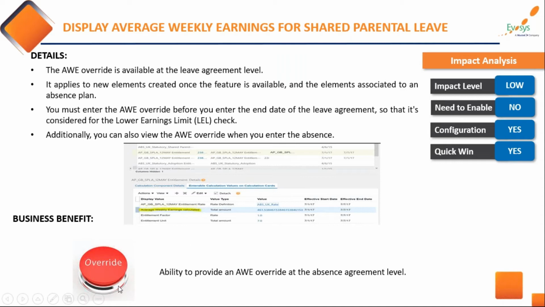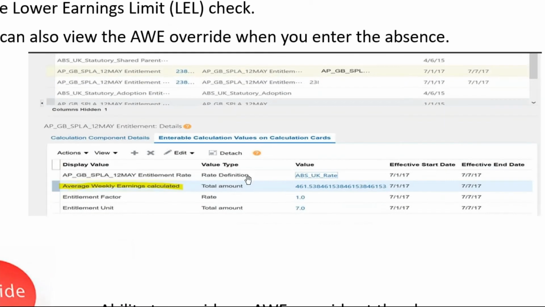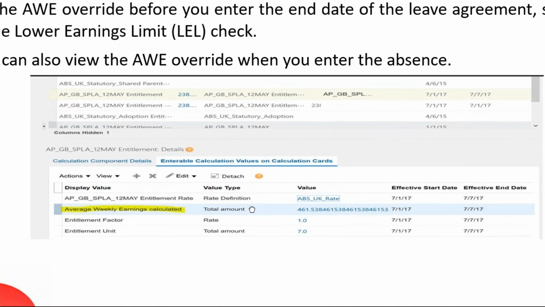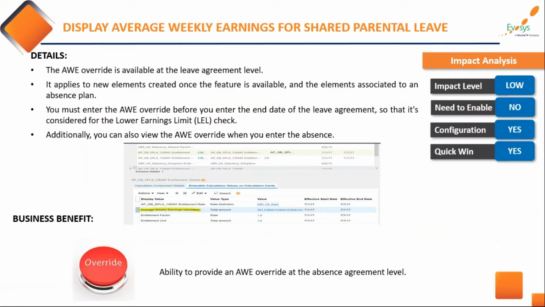You can also see details of what was overridden before. So if before this upgrade you had overridden at the absence level, you can still see that overridden value. So it's easier, you don't lose any information.